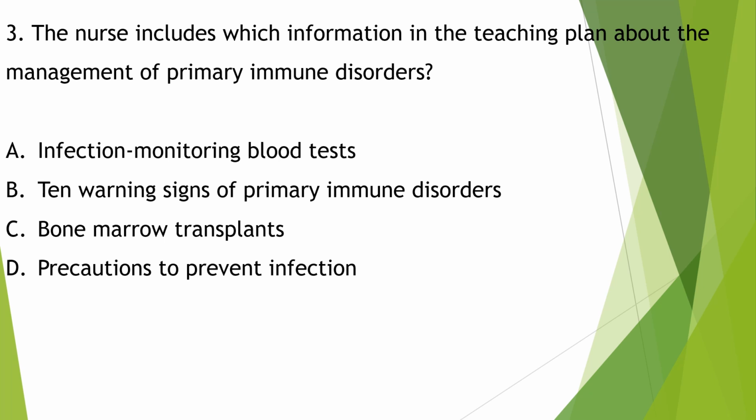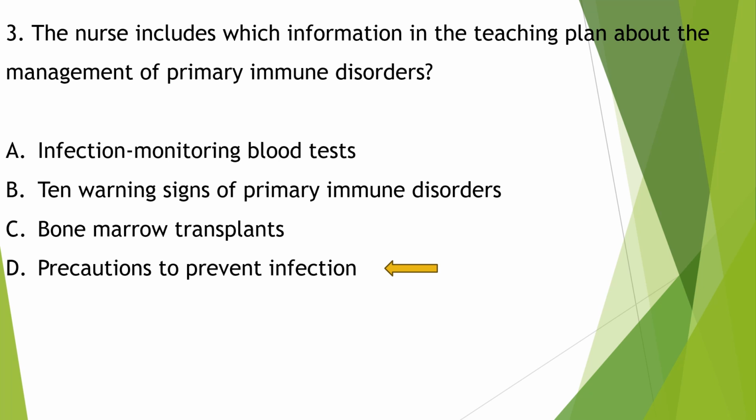It is congenital. So blood tests and all are required, but it is not the main teaching plan about the management. In the management you really have to prevent infection. They are more prone to infection. So precaution is the one thing which you need to include in the teaching of management of primary immune disorders.